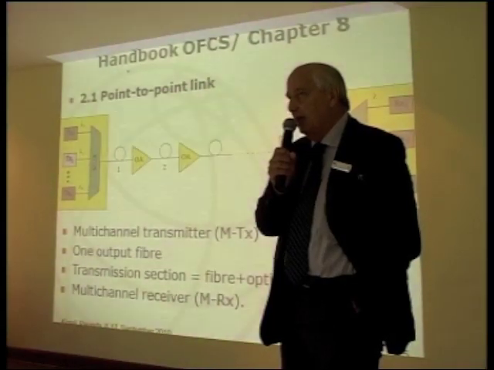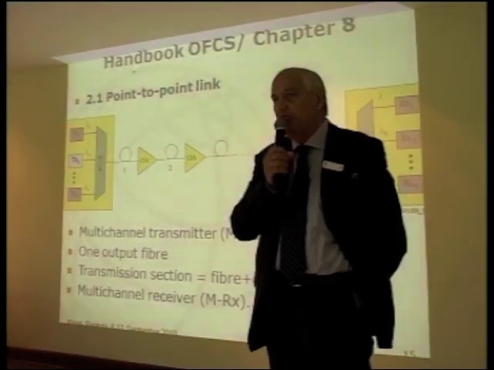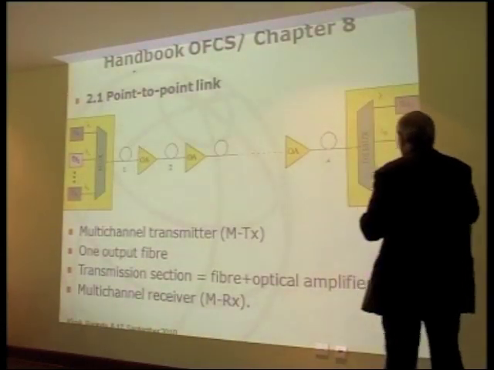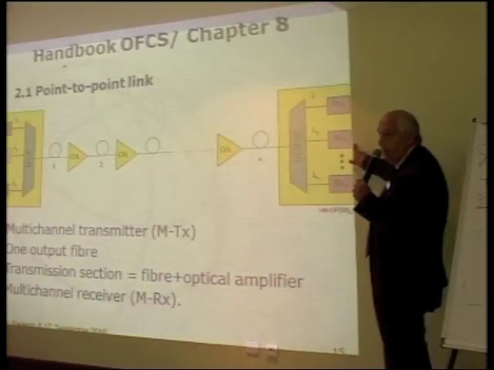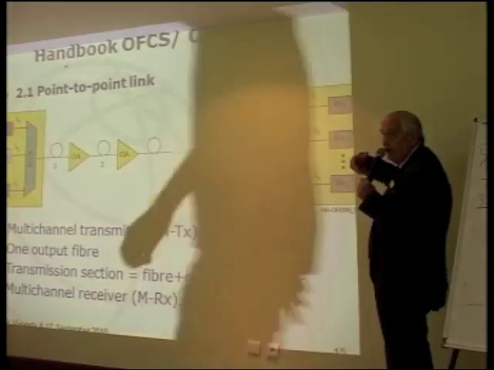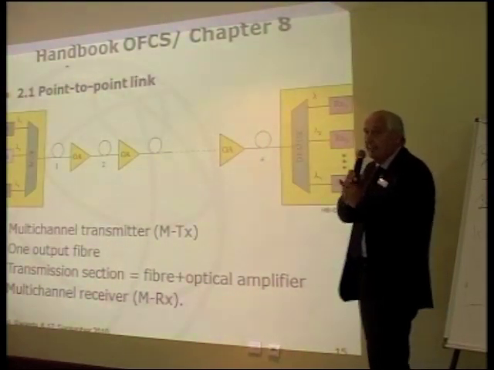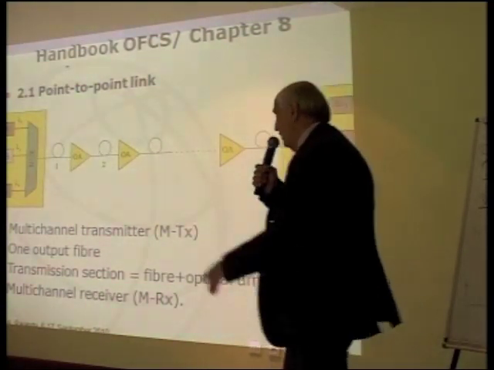Restore the signal going through a completely digital receiver. In this receiver, here you are at electrical level. You can process the signal with the 3R regeneration, and you can get again the signal as new, as it was here.